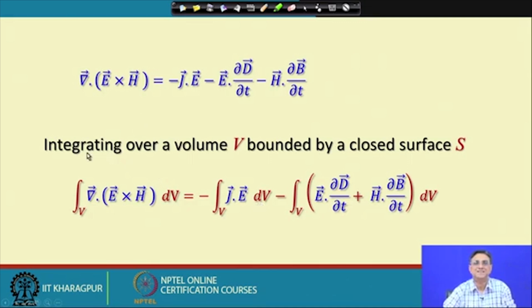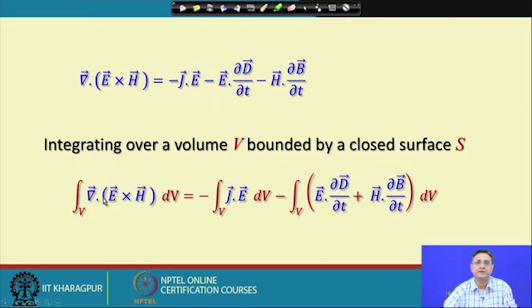Now, let us consider a certain volume of space through which this electromagnetic wave is travelling, and let us consider that the surface area bounding this volume is S. This is a closed surface.